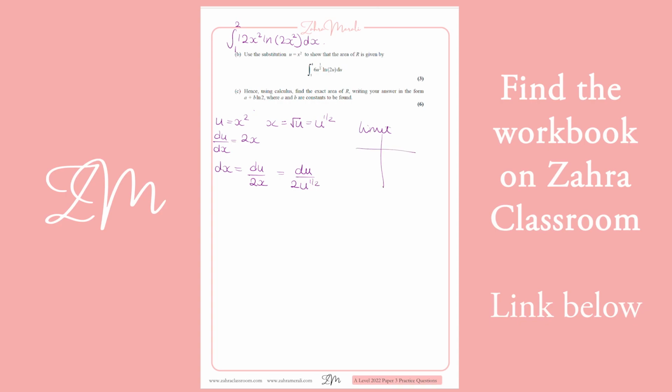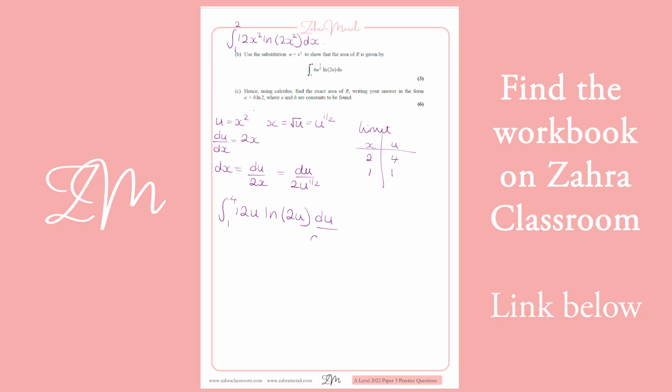Then you're going to do your limits. So you've got your x's and your u's. So x is 2, u is x squared, so that's going to be 4. That's 1 and 1, which agrees with what they have. And now you substitute. So we can do 4 and 1, 12. Instead of x squared, we've got u. ln, instead of 2x squared, we've got 2u.